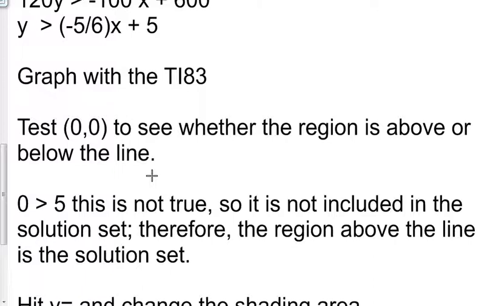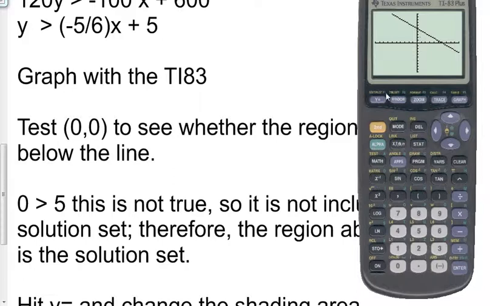No, it's not true. So 0, 0 is not included in the solution set. Therefore, the region above the line is the solution set. So if I go back here, cursor over to that line, and hit enter until I get above the line, there we go, and then I hit graph, it will graph the area that is above the line.